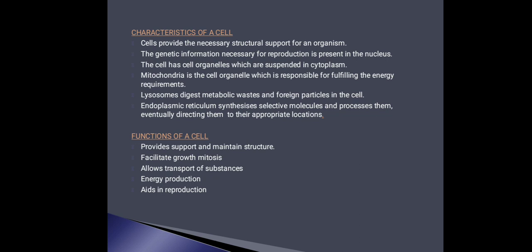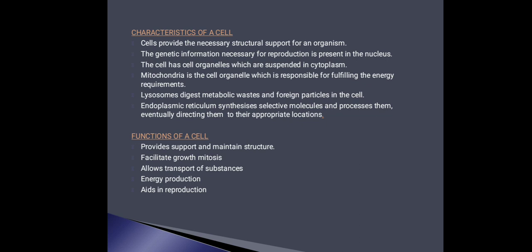Characteristics of the cell, as we already explained in the previous class: cells provide the necessary structural support to the body and maintain the structure. The hereditary material present in the cell, like DNA or RNA, is responsible for reproduction, and is present in the nucleus. The cell has cell organelles in it, which float in the cytoplasm.